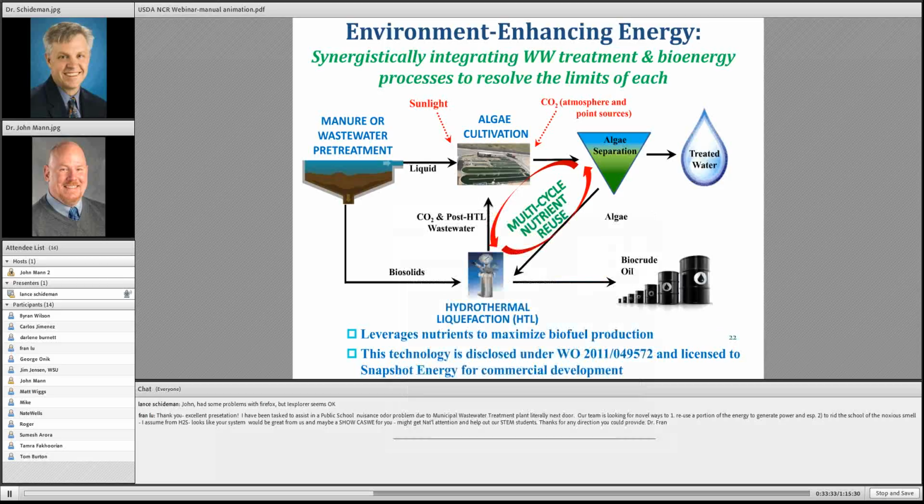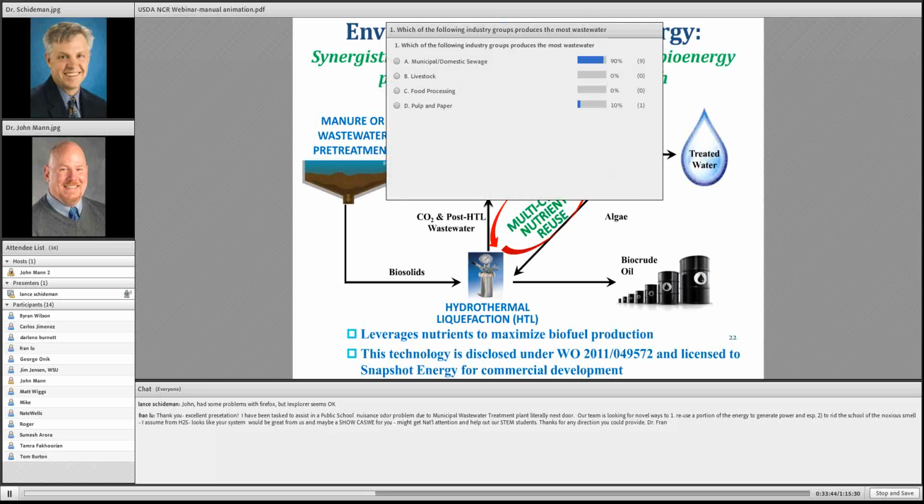Yeah, I'd like to comment on that first one. It was a little bit of a trick question with the wastewater. If you focus on the water component, municipal is definitely the biggest producer of wastewater. But if you focus on the actual biosolids component, manure would far outshine all the other processes listed there.